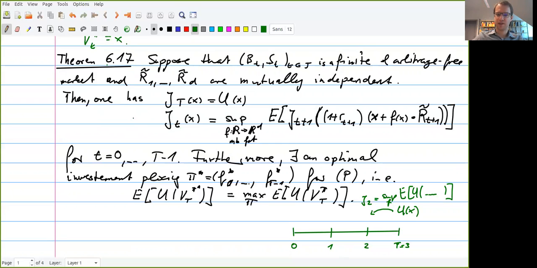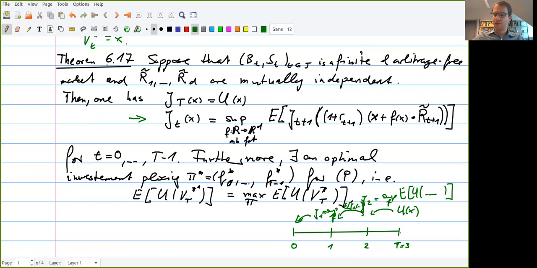Now I go back a step again and at time 1, I maximize again over all decision rules I can take at this time, but now I plug in J_2 as my new target function, and so on.